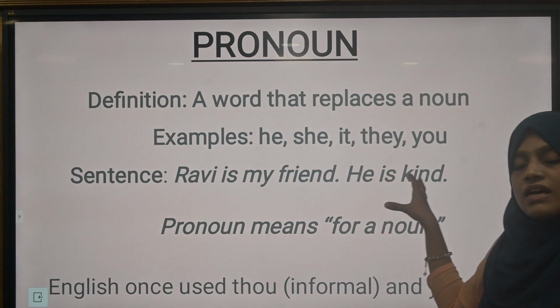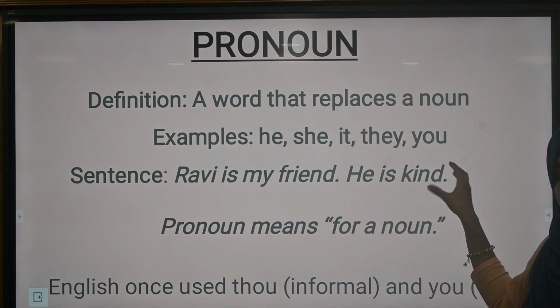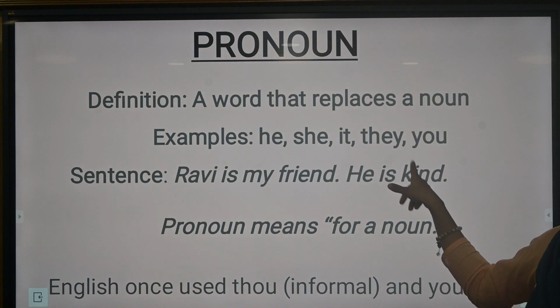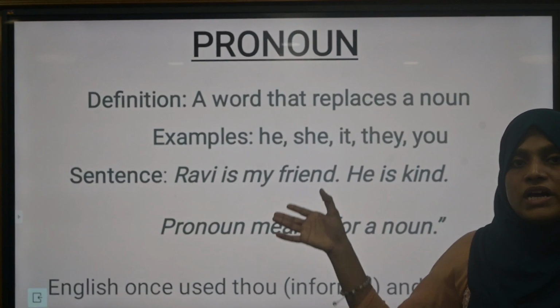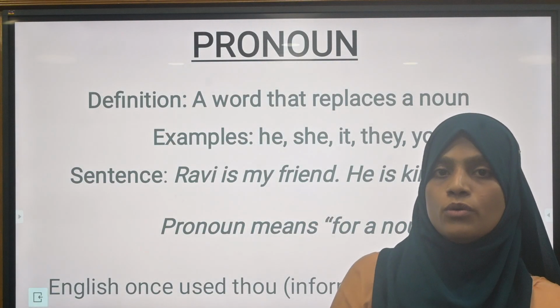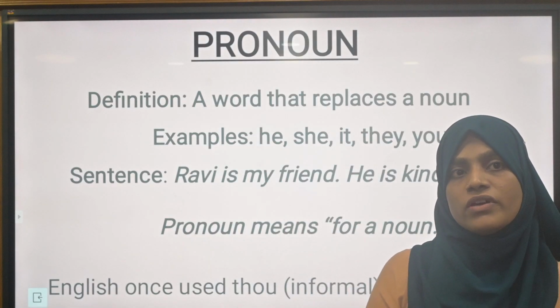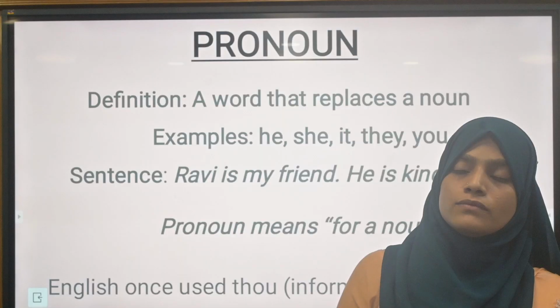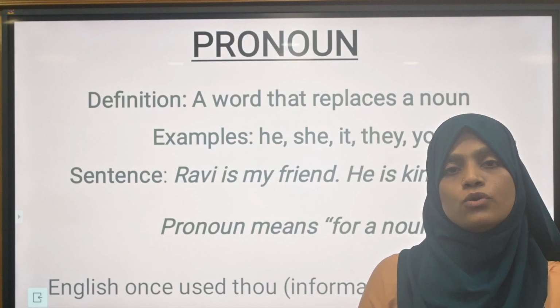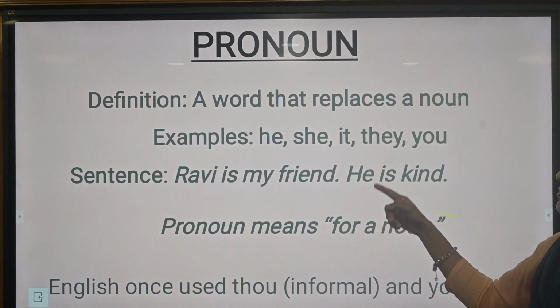In the second sentence, I have used he. Why didn't I use Ravi in the second sentence? That is why we have used a pronoun here. So the word used instead of a noun, that is a pronoun, to make the sentence shorter. In old English we used thou for informal and you for formal. So this is how the pronoun works.